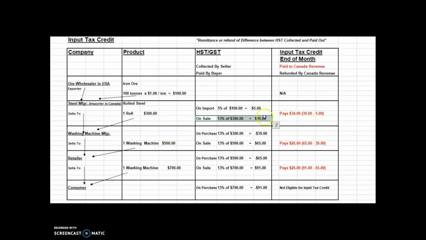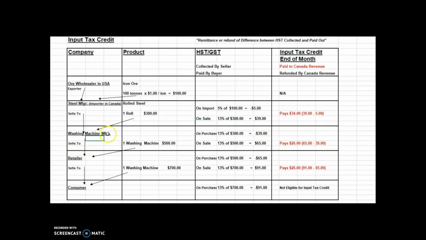So they pay themselves back the $5 GST they paid out and send the government the difference, a check for $34. 39 minus 5. They pay the government $34, and the government gets $34. The steel manufacturer at the end of the month has paid nothing. They paid $5 GST, but they got it refunded to them. So in essence, they didn't pay a cent.